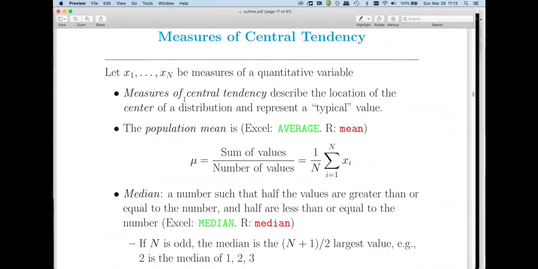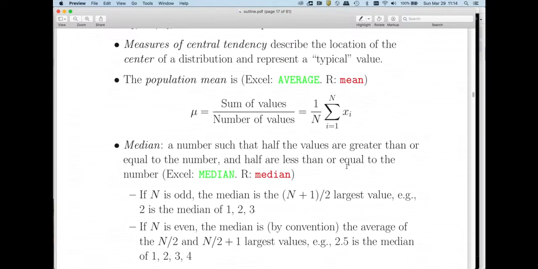All right. So measures of central tendency try to characterize typical value or the middle. So the three most famous measures are the mean, median, and mode. So the population mean, if I've measured every unit in my population, is just the sum of the values divided by the number of values.